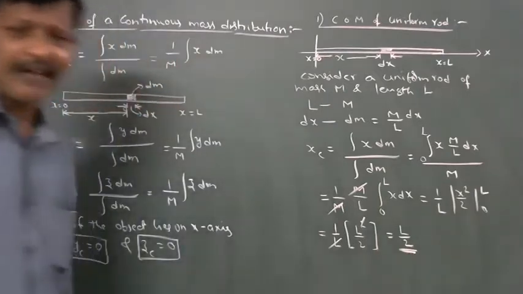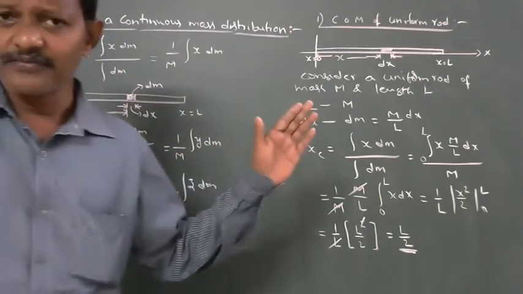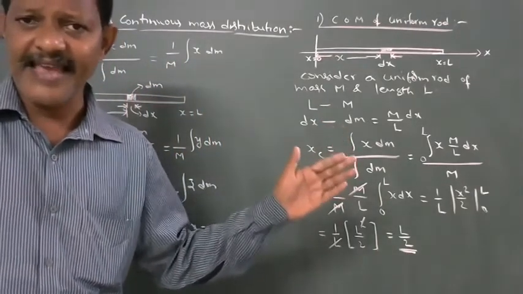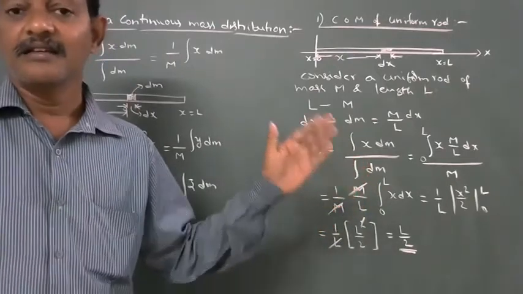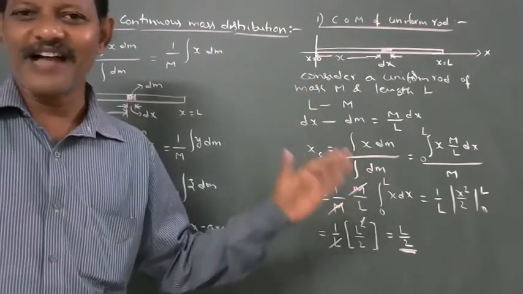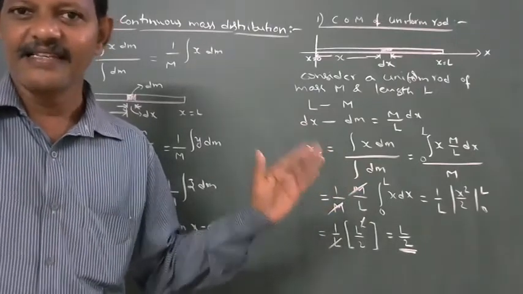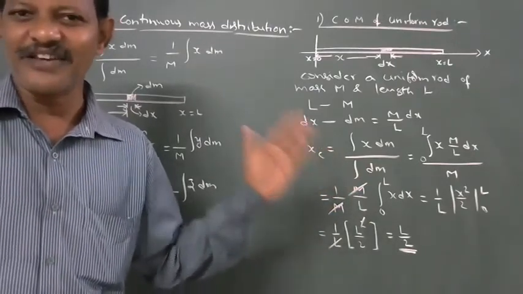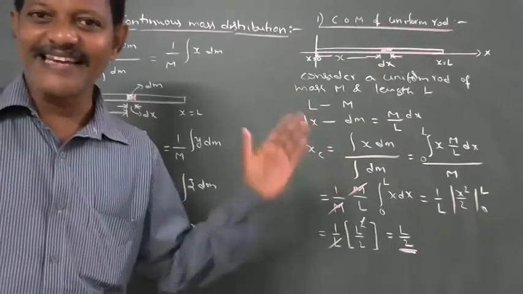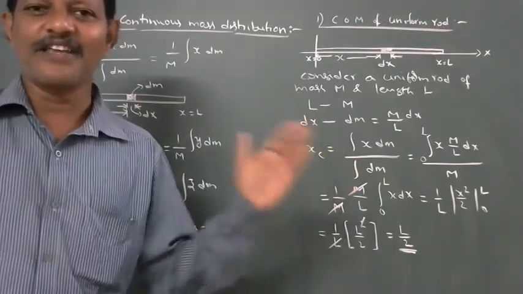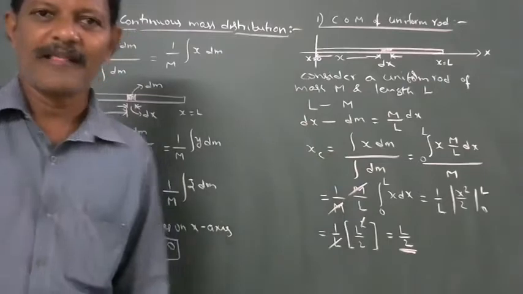Therefore, the coordinates of the center of mass of a uniform rod lying along the x-axis are L by 2, 0, 0. If the rod lies along the y-axis, 0, L by 2, 0. If the rod lies along the z-axis, 0, 0, L by 2.